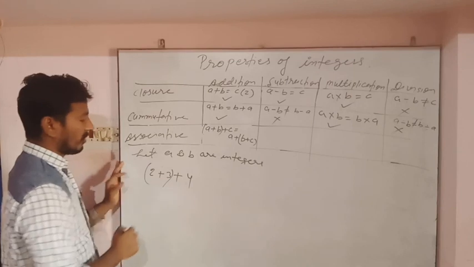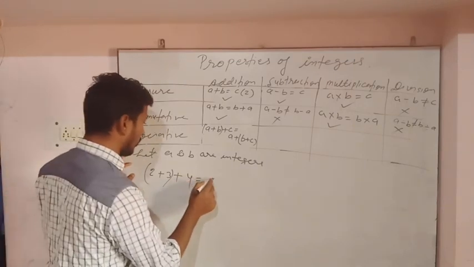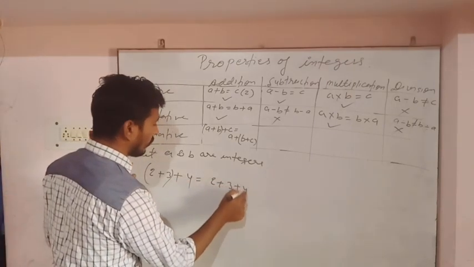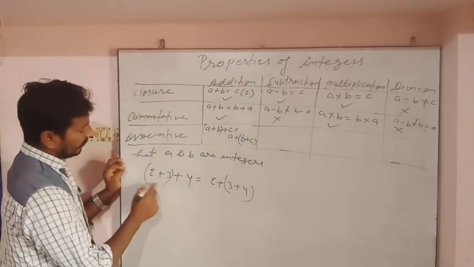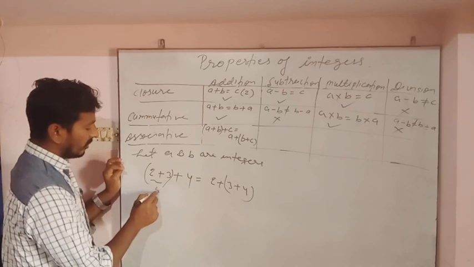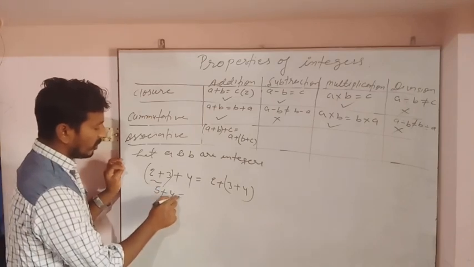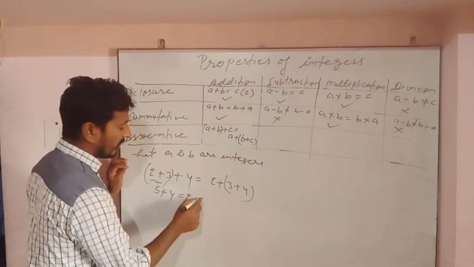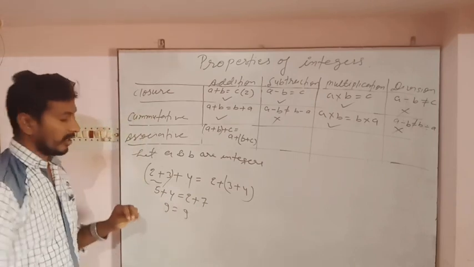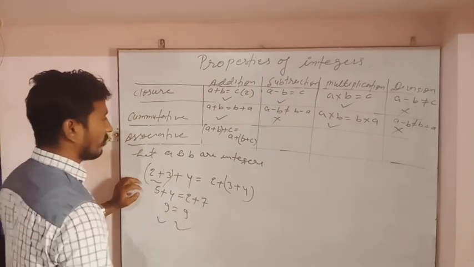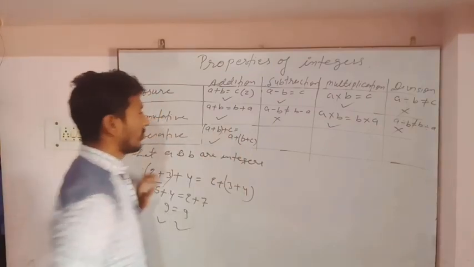We put a bracket over 2 and 3, and then on the other side we put a bracket over 3 and 4. Now first we add 2 and 3, then 5 plus 4, and here first we add 3 and 4, 7. 5 plus 4 is 9, and 7 plus 2 is 9. It means LHS and RHS both are equal, so we can say this holds.